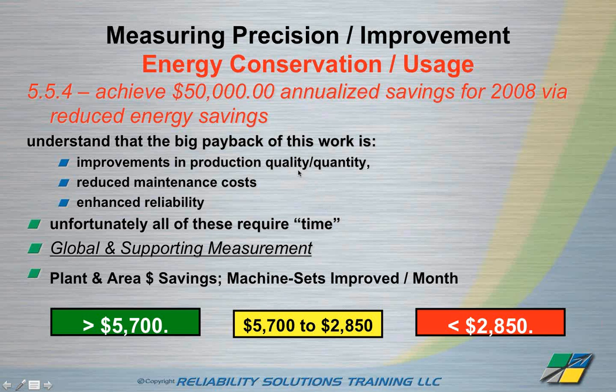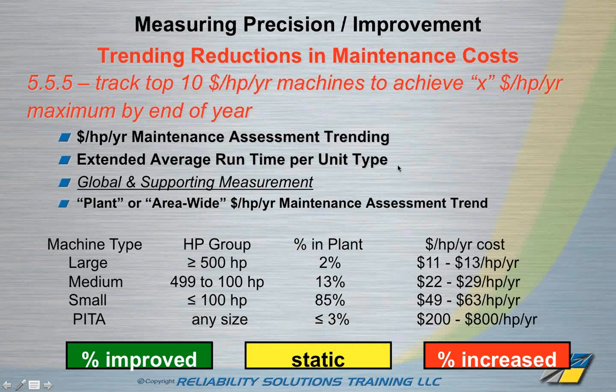So this is a short-term improvement. It's an application thing that'll give you a short-term gain, but it will get you over that hump on the way to improving reliability.